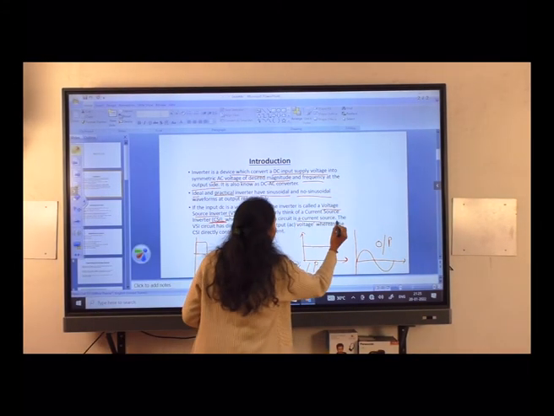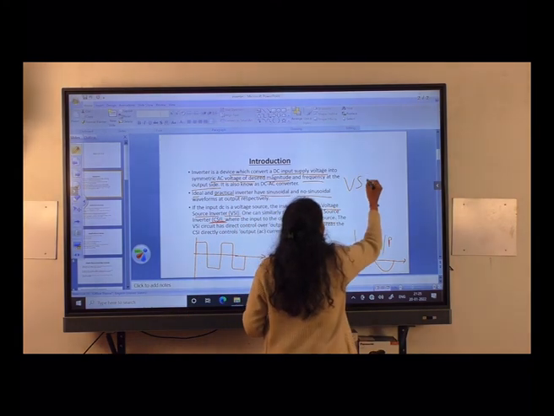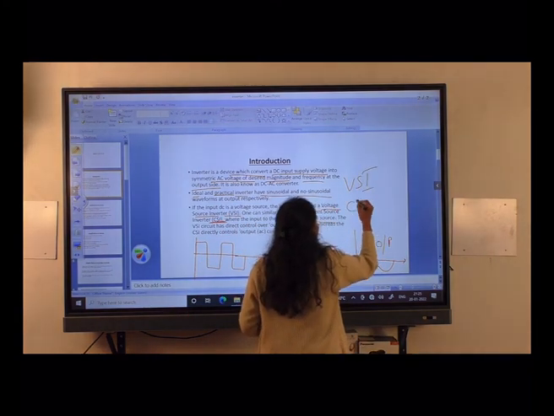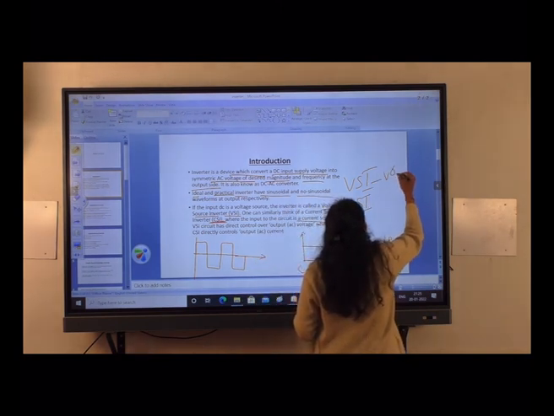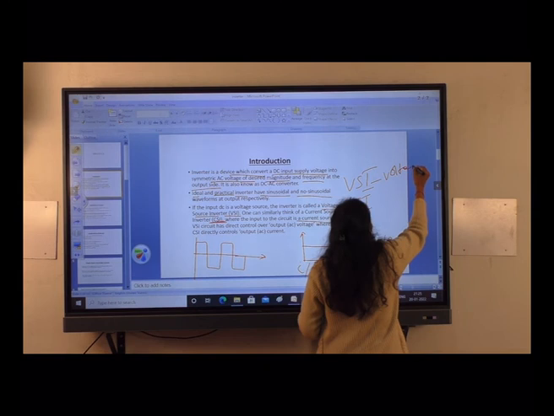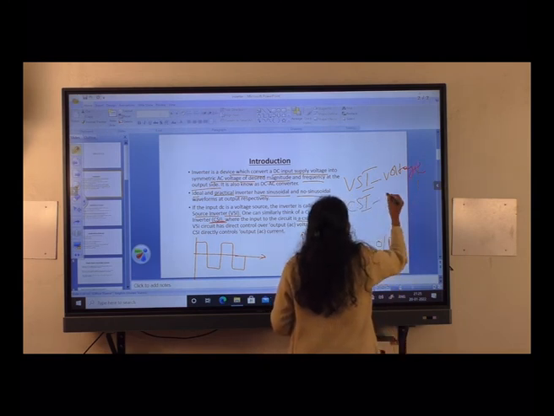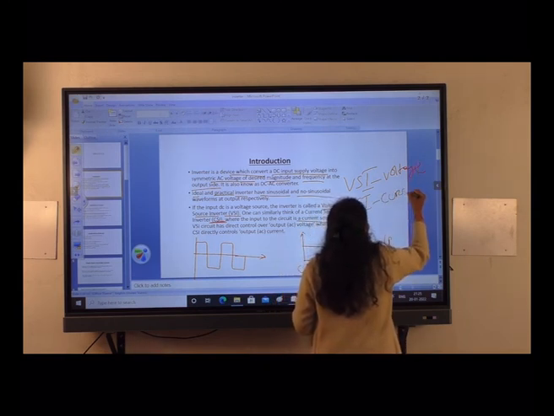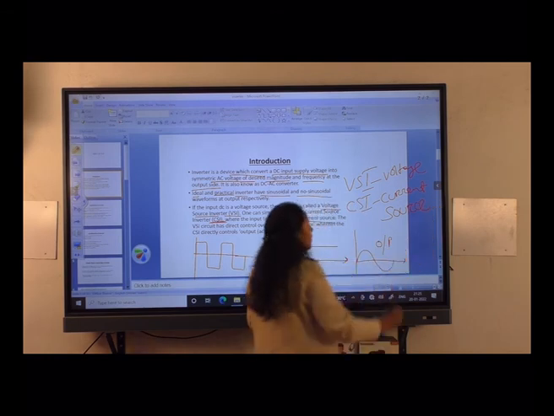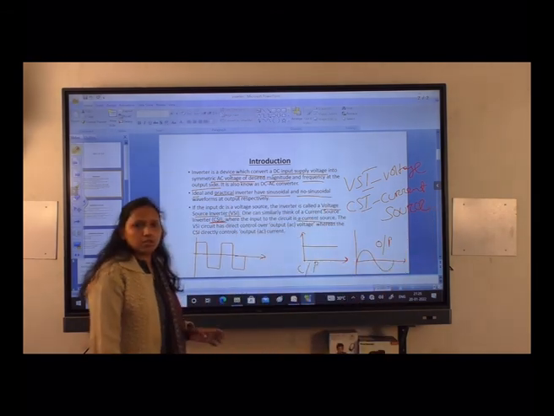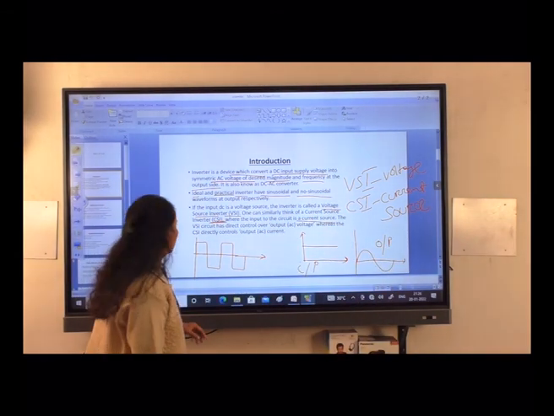So VSI means voltage is the input, and CSI means current source is the input.